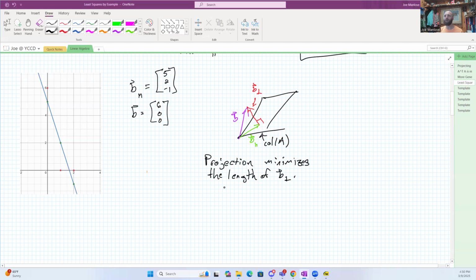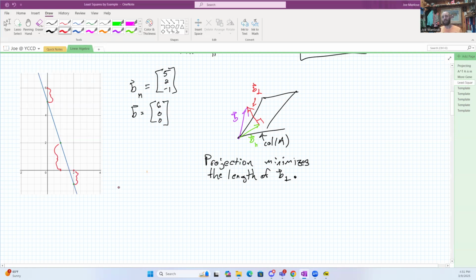That's essentially what projection does. So what is B perpendicular? Remember, B perpendicular is B minus B parallel. In my picture, B perpendicular is right here. That's that distance there, this distance here, and this distance here.